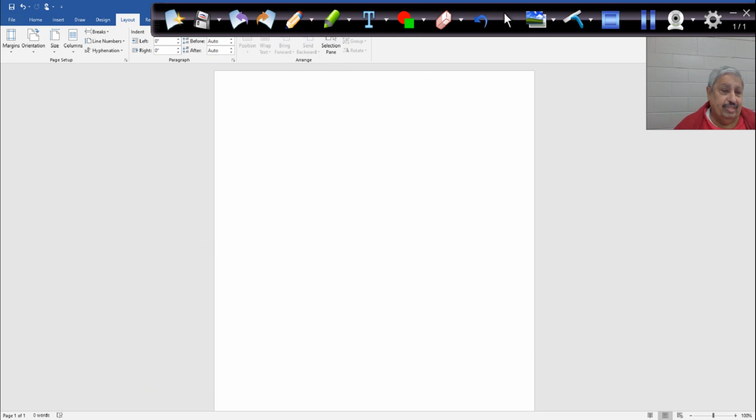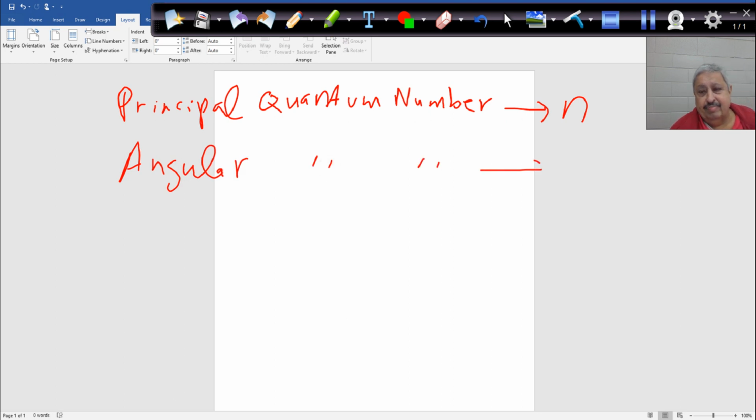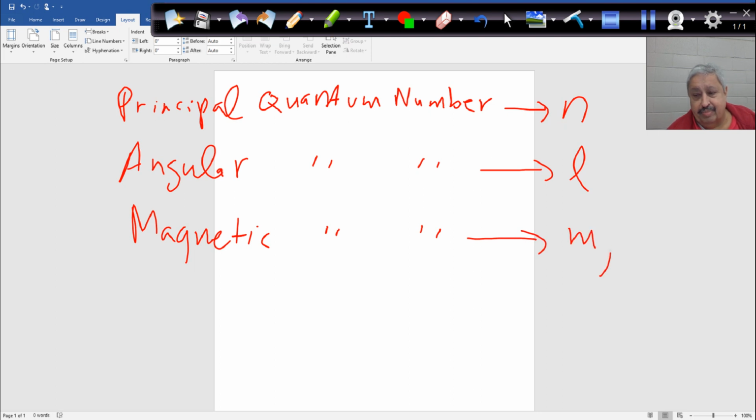First of all, the principal quantum number, the symbol of it is N. The angular quantum number, the symbol of it is L. The magnetic quantum number is M subscript L. And the spin quantum number is small s.